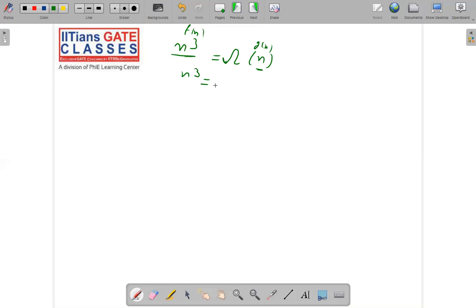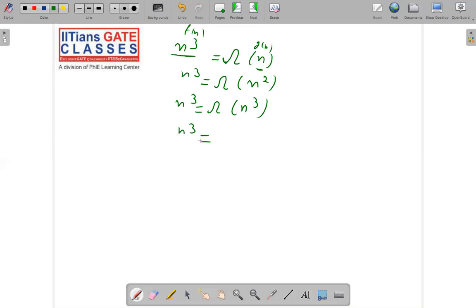If we say n cube equals omega of n square, n cube is greater than n square, this is also satisfied. If we say n cube is omega of n cube, the equal to part is satisfied here.